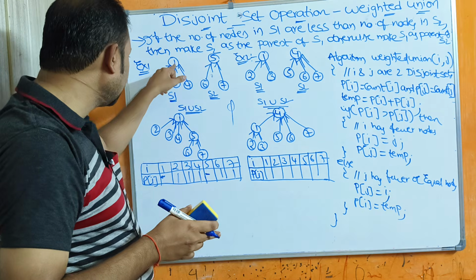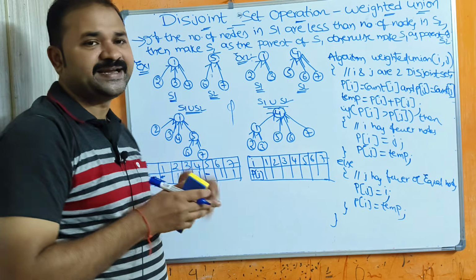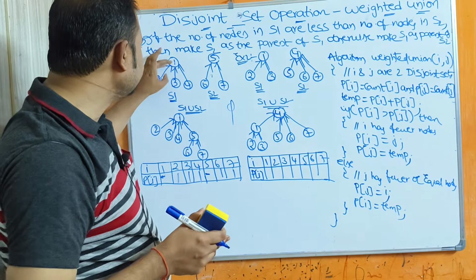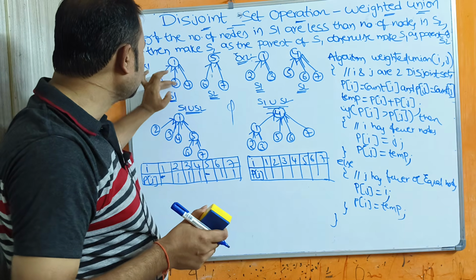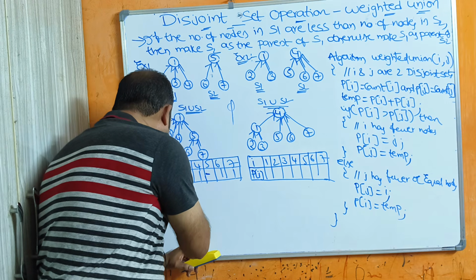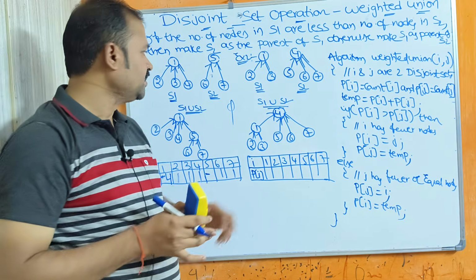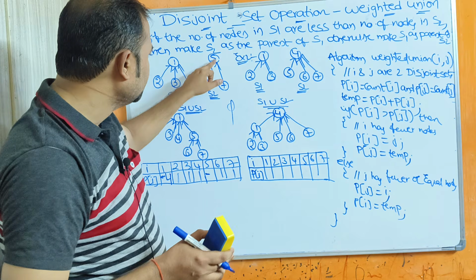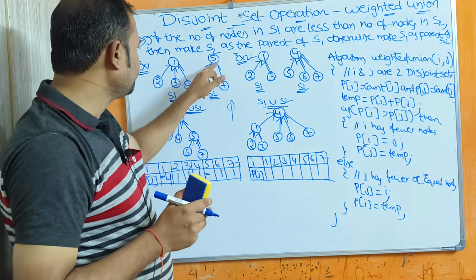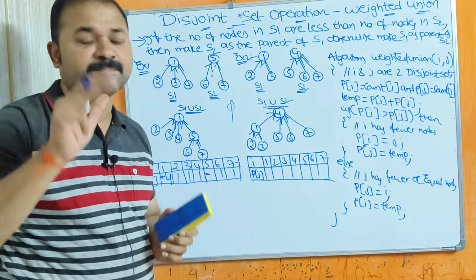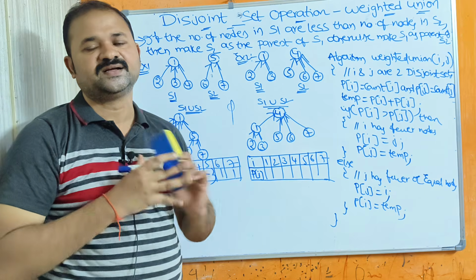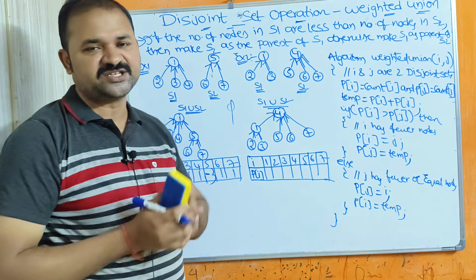But here the root node contains the number of nodes present in that set. In this set we have 1, 2, 3, 4, so 4 nodes are there. So the root node 1's parent information contains -4. Likewise, if we take this set, here we have 5, 6, 7, 3 nodes. So now node 5 contains -3. Why? Because we have 3 nodes present in this S2 disjoint set.